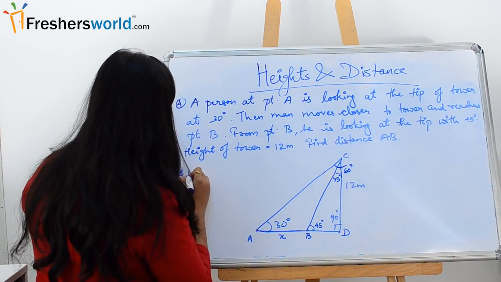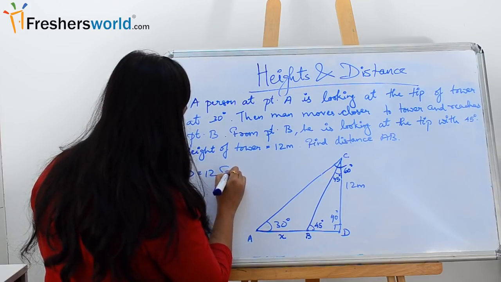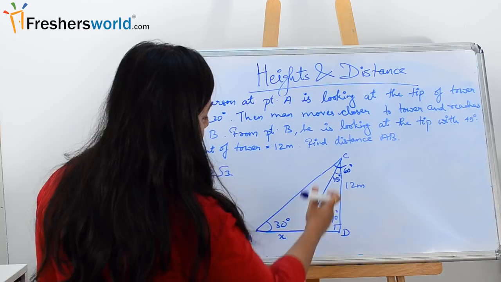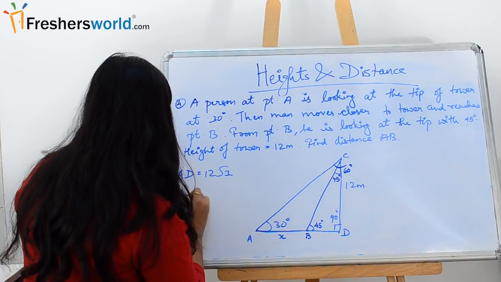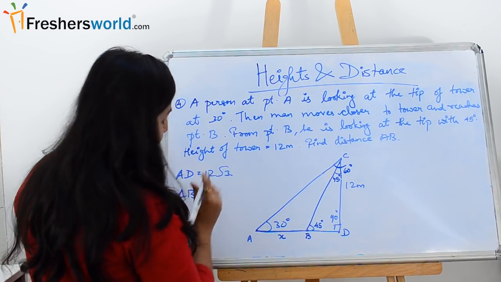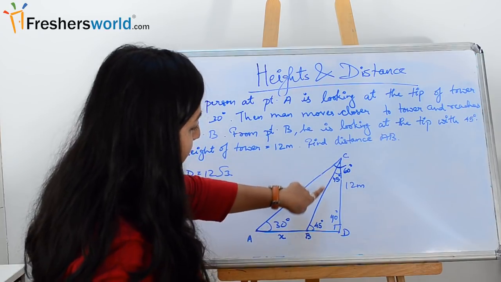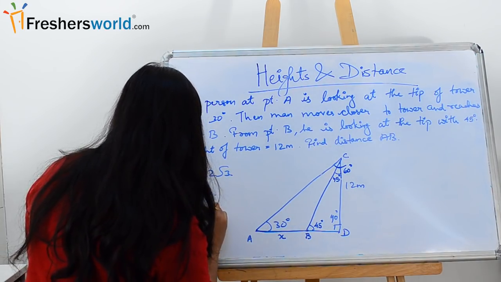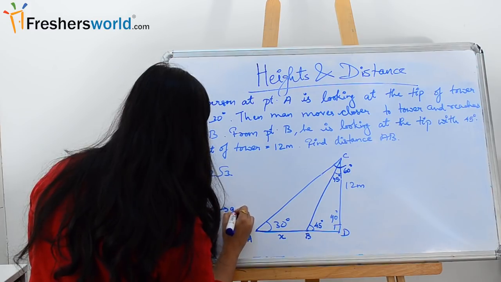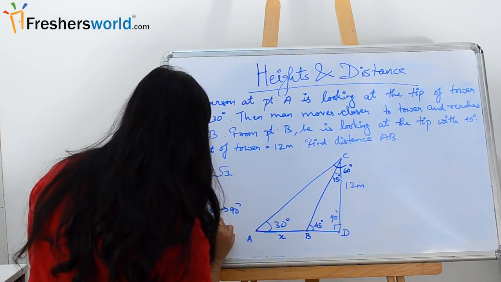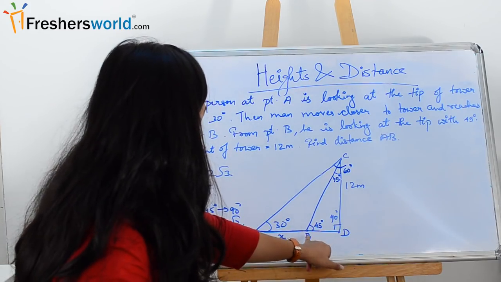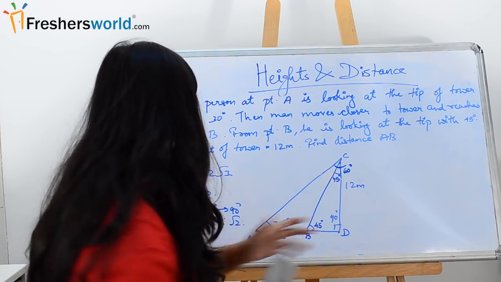Let's write it down here. AD equals to 12√3. Now let's take a second triangle, which is BCD. Again, if we put the values in the equation, that is 45 degree and 90, it is 1 and √2. So again, the side opposite to 45 is 12.